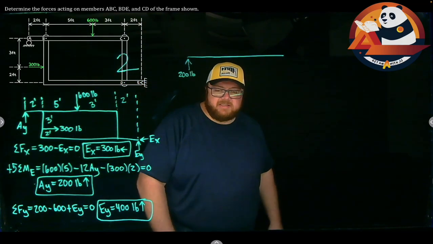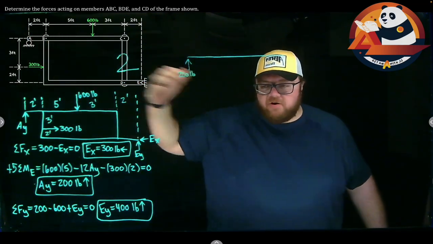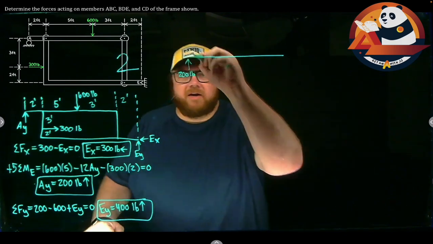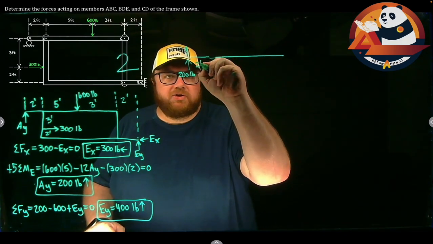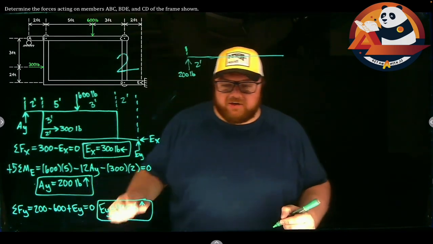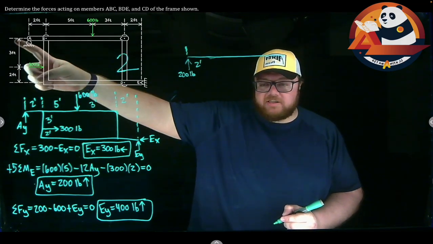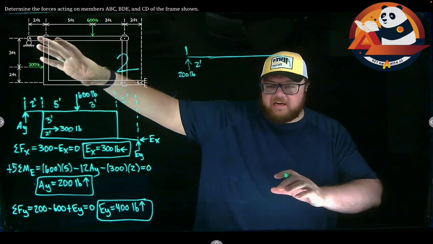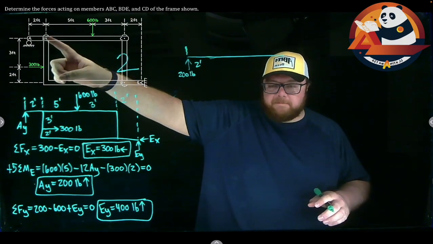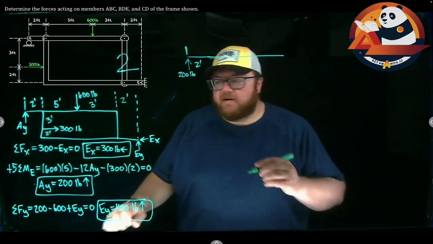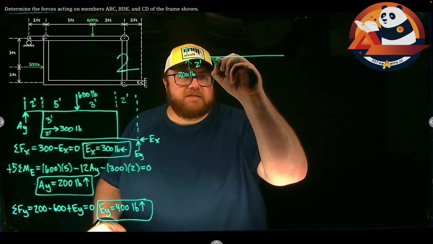I can then say, well, what's my next piece? We're just going to start moving over to the left. If I go over 2 feet, I get to point B. At B, I'm including these internal ones because I'm looking at my individual members. I disassembled it. B would now show up in my free body diagram. So I need to have a BY. I'll guess that it goes up.